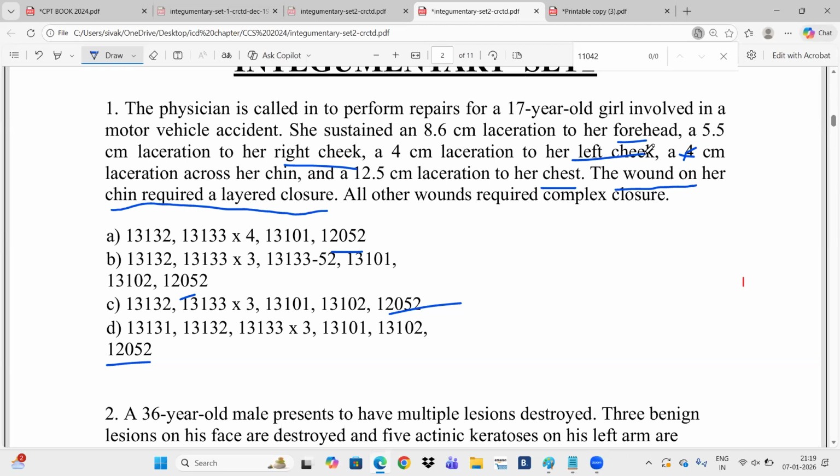Yes. Chest was a separate anatomical location. Forehead, left cheek and right cheek are the same anatomical location, correct? Yes, sir. So what is the length? 8.6, 5.5 and 4. Sum that length.